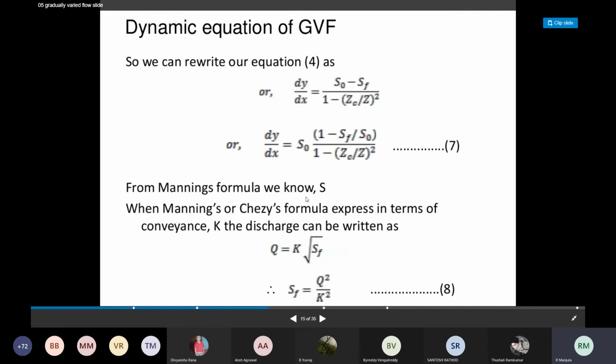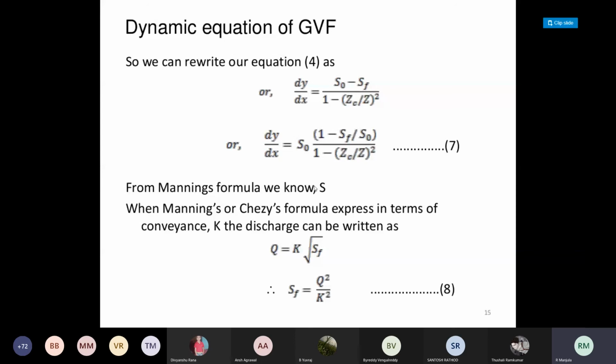For Manning's formula, we know what is the value of Sf, the slope of the energy line. Then Manning's or Chezy's formula, you can express in terms of conveyance. So here Q is equal to K into square root of Sf, where K is nothing but your conveyance. If it is Manning's formula, it is 1 by n into A into R to the power 2 by 3 times S to the power half.